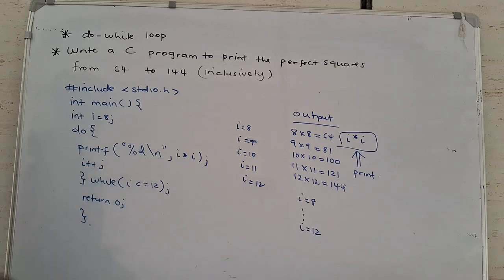It's okay. If you write I is less than or equal to 12, it's okay.